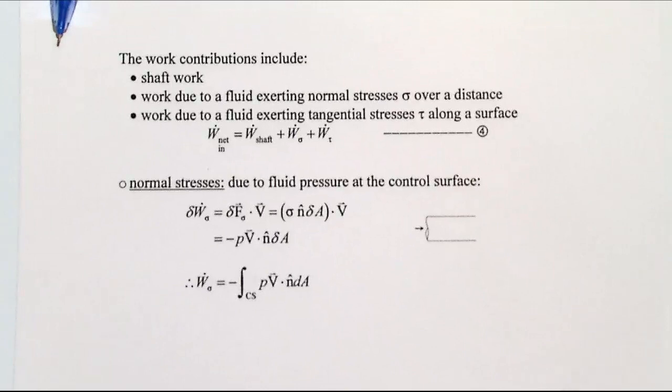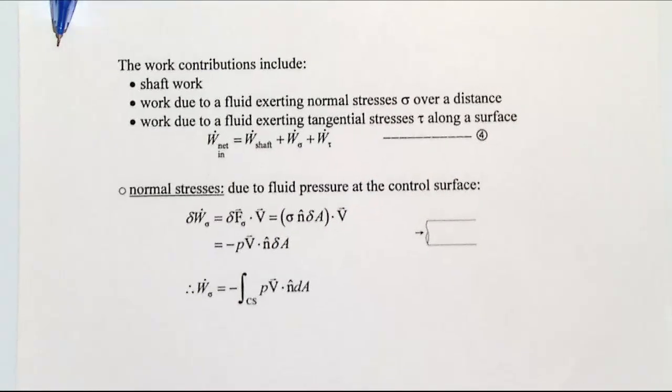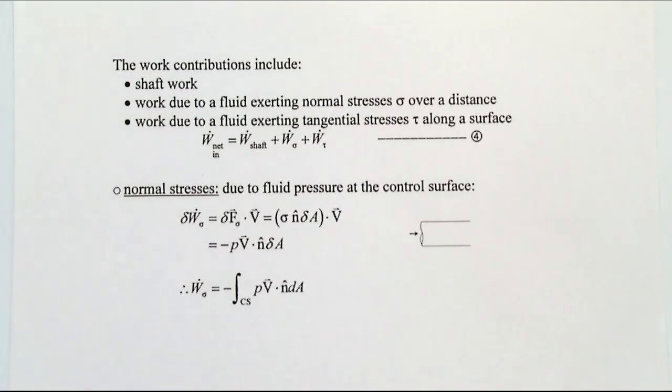So what next? You have to review what types of work we have. Energy could be in terms of heat, right? That's something that increases the temperature, or if it's adiabatic, Q is going to be 0. But work has different shapes or definitions. For example, you have shaft work.